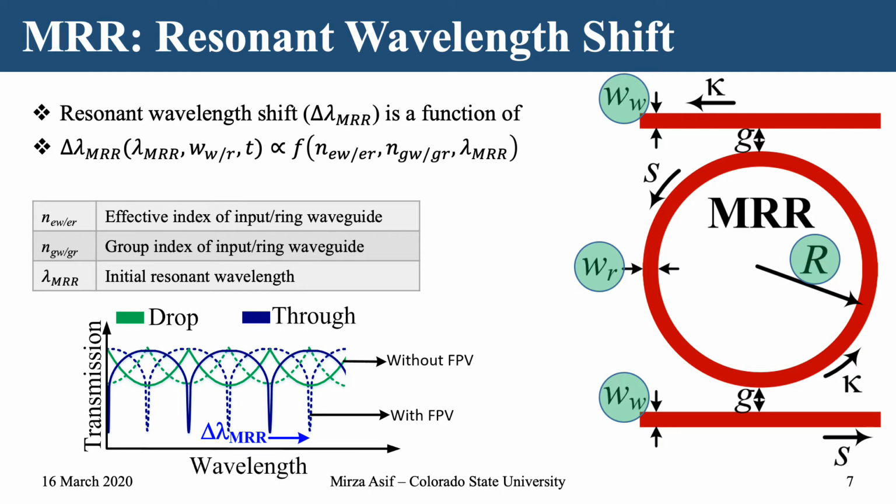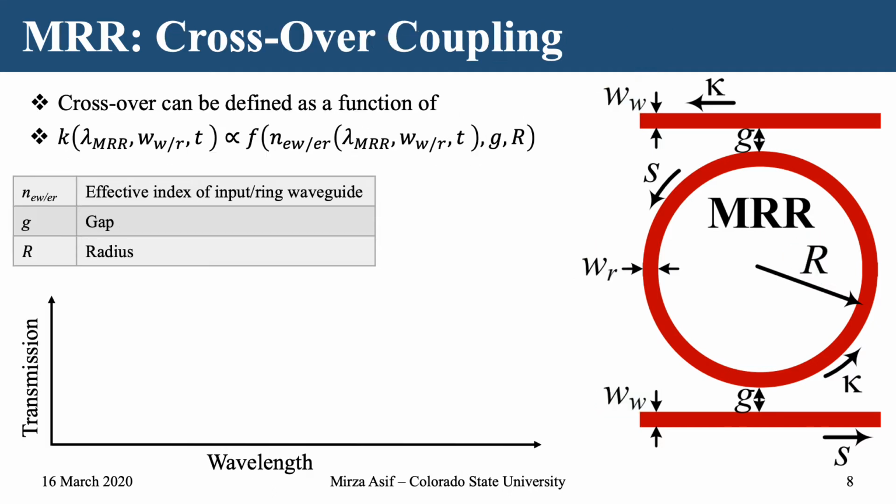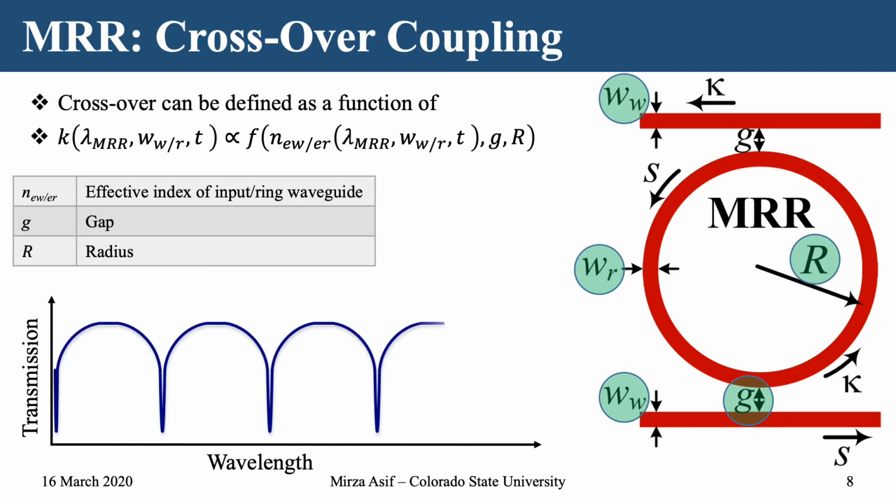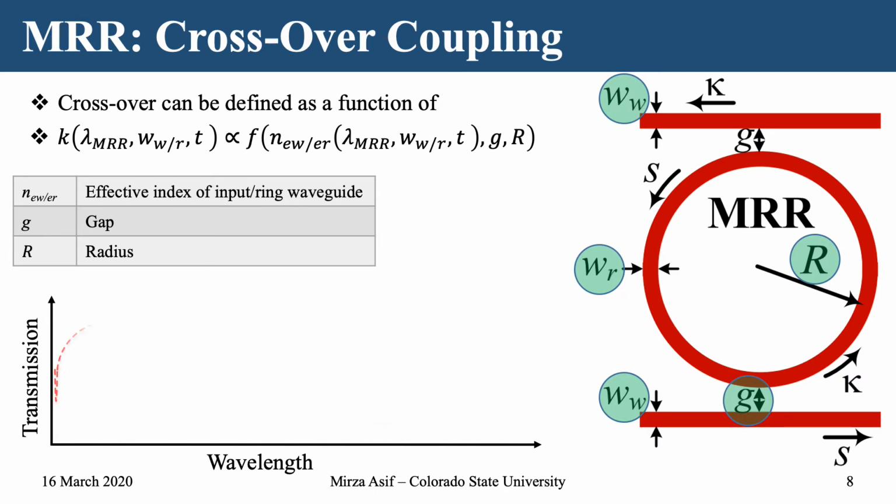For example, changing the radius causes change in initial resonant wavelength, and that can impact the resonant wavelength shift. Similarly, crossover coupling can be defined as the amount of power one can see at the output port, and it depends on the highlighted factors as shown. To give an overview of how coupling impacts, if this is how normal coupling looks like, a reduced coupling would mean this.